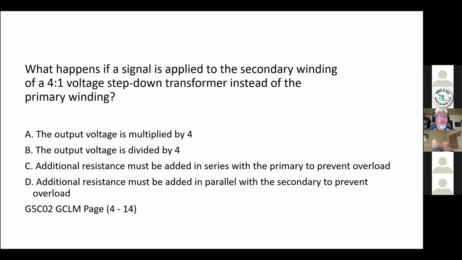C, additional resistance must be added in series with the primary to prevent overload. Or D, additional resistance must be added in parallel with the secondary to prevent overload. Alpha. Alpha is correct, multiplied by 4.